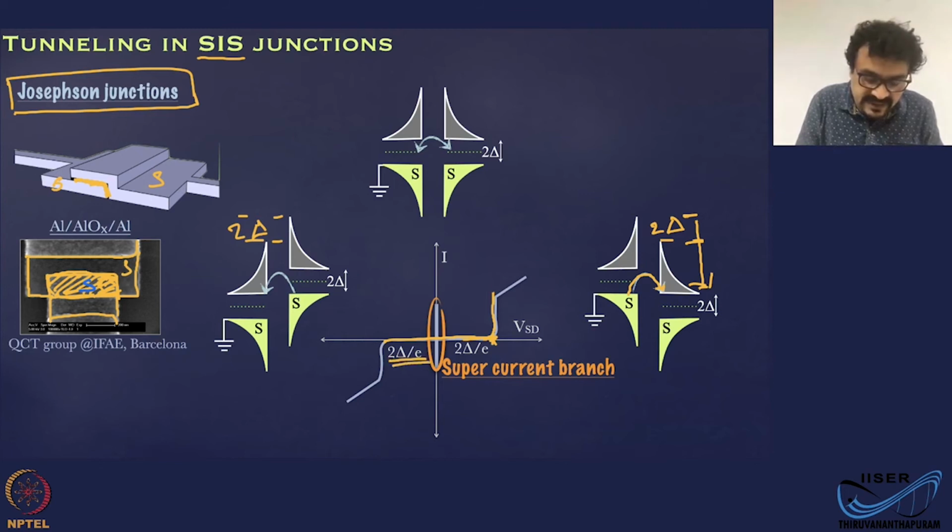Then once the empty states, in this case on the left side, align with the filled states on the right side, the electrons can tunnel and you get a current through. So what you are seeing here is again the density of states, because there is no density of states for the electrons or quasi-particles until you extend your bias to 2 delta by E.